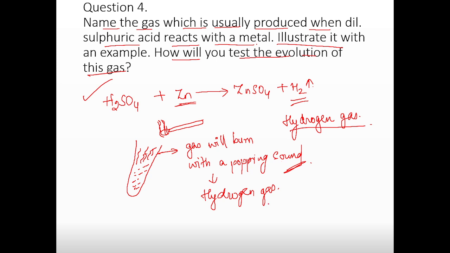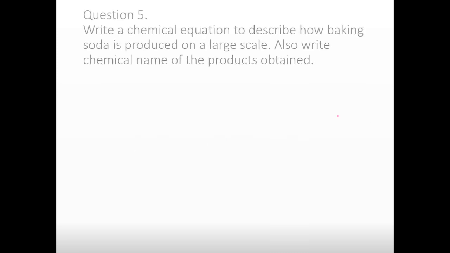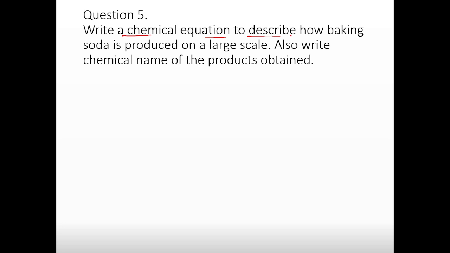Okay, so moving to the next one, that is the fourth question. Question number 4 says write a chemical equation to describe how baking soda is produced on a large scale. Also write chemical name of the products obtained. So whenever you say baking soda, you just need to do the first step of the Solvay process, that is NaCl.